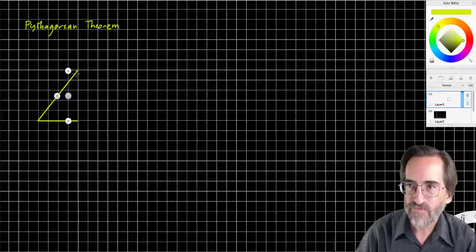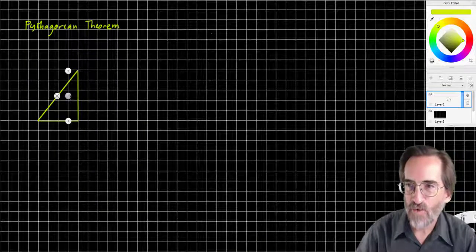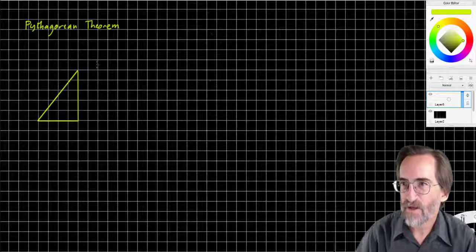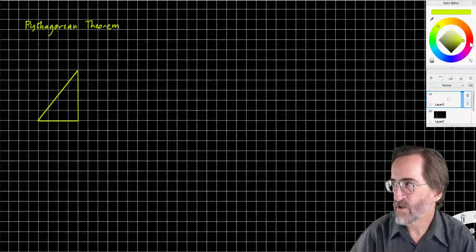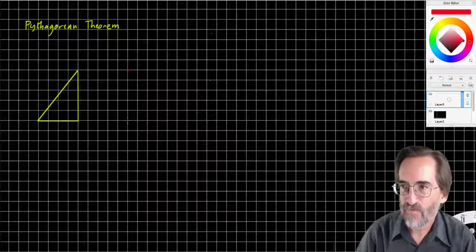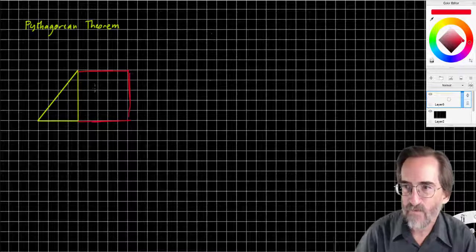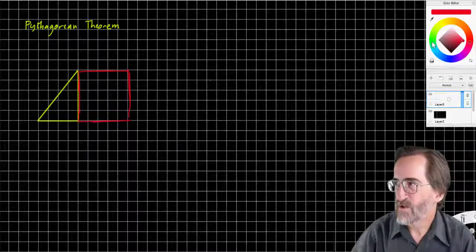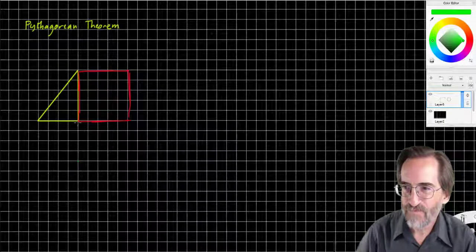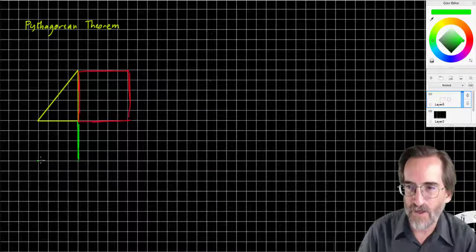He said, if you attach a square on all three sides, okay, and I'm just going to sketch because I think it'll take a bit of time to draw. Okay, so basically, we're going to attach a square to this side. We're going to attach a square to this side. Forgive my voice. It sounds like I've got a little bit of a cold or something.